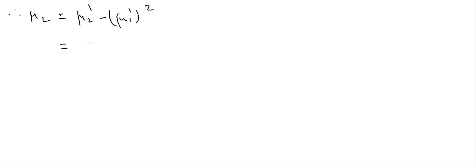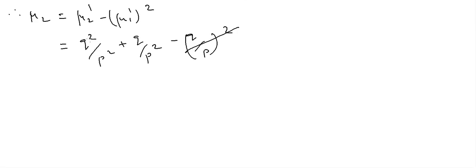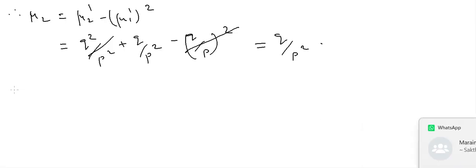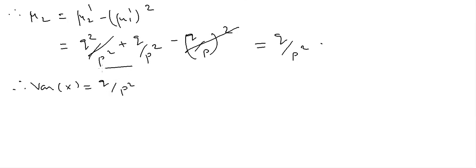What is mu2 dash? q squared by p squared plus q by p squared, minus, what is mu1 dash? Already we found q by p, the whole square. Now these two things are cancelled. We get it as q by p square. Am I correct? q by p square. This is the variance. Therefore, variance of x equal to q by p square.